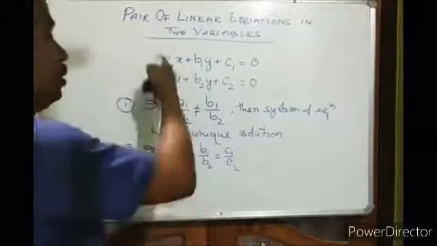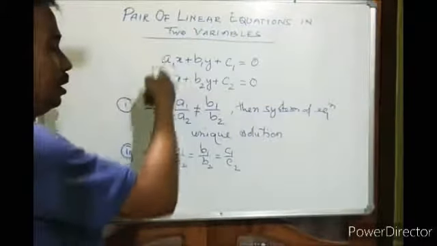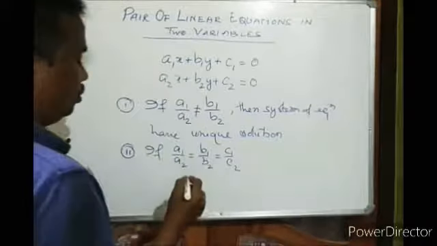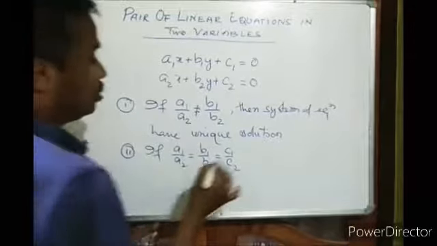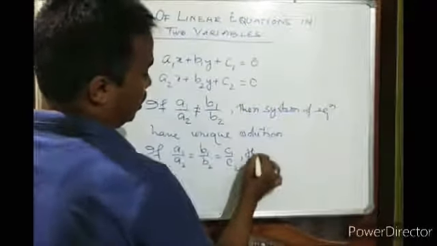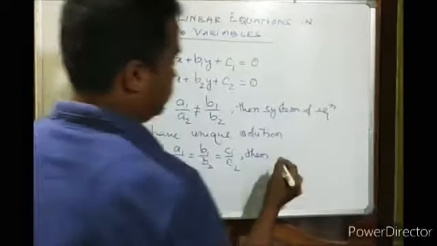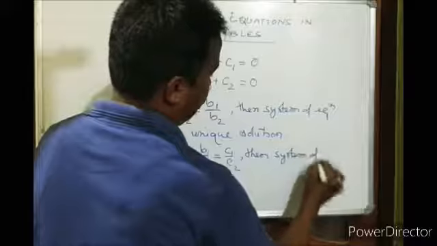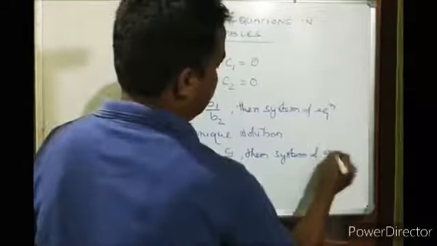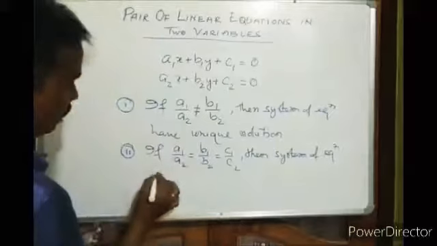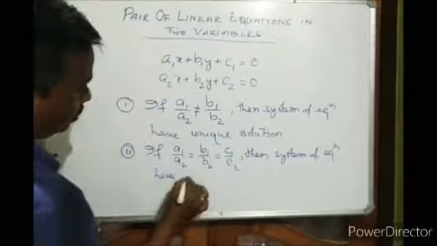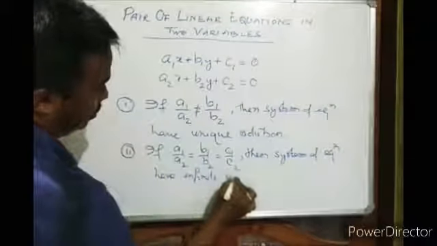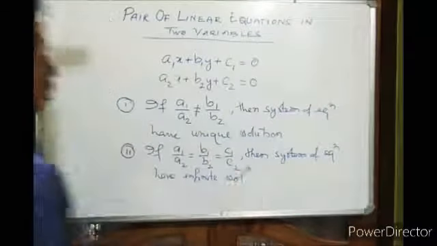If all these ratios, of a1 and a2, b1 and b2, c1 and c2, are equal, then the system of equations has infinitely many solutions.